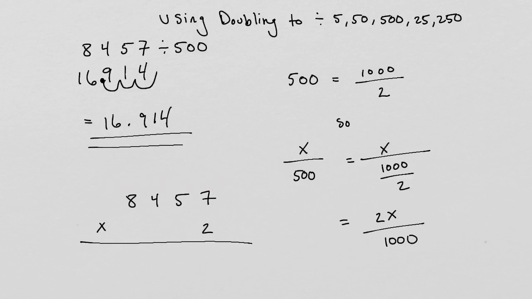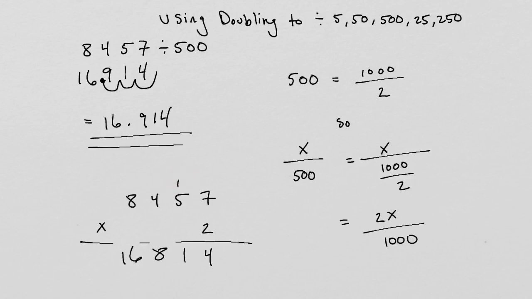So 2 times 7 is 4, carry a 1. 2 times 5 is 10, plus 1 is 11. 2 times 4 is 8. And then 2 times 8 is 16. What the heck's going on here?